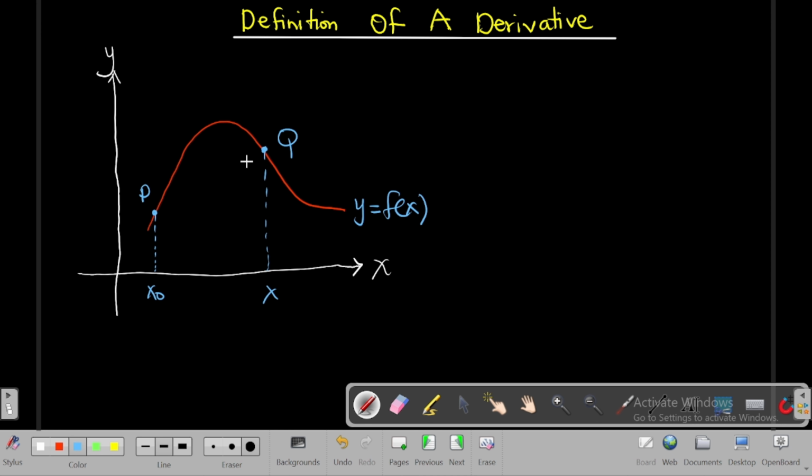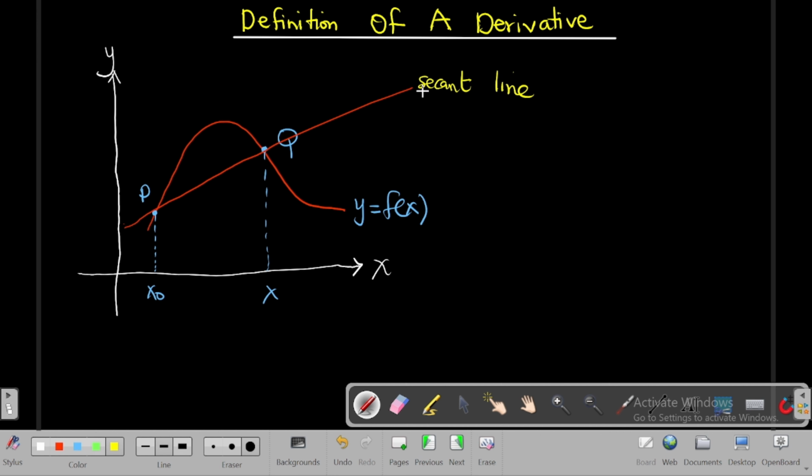Let's say we want to find the gradient of this particular curve. We have located 2 points, and then we draw a line through the points. The name of this line will be a secant line.